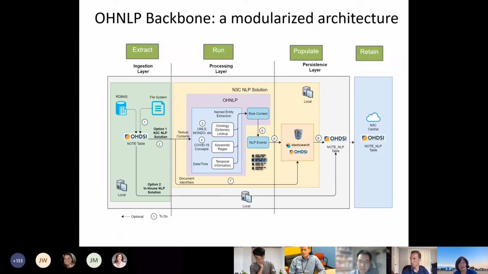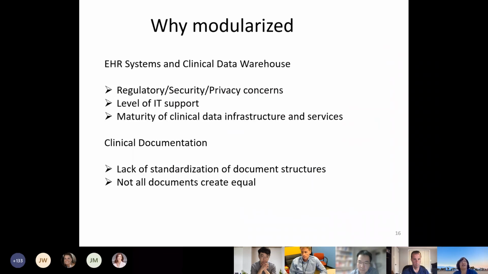Through the N3C effort, we actually have the OHDSI backbone, which dramatically reduces the time for each individual institution that wants to deploy this development framework, so they can be ready to implement. The modularization is mainly due to the regulatory, security and privacy concerns of each individual clinical data warehouse, the level of IT support, and also the clinical documentation and lack of standardization, which require a local optimization process.